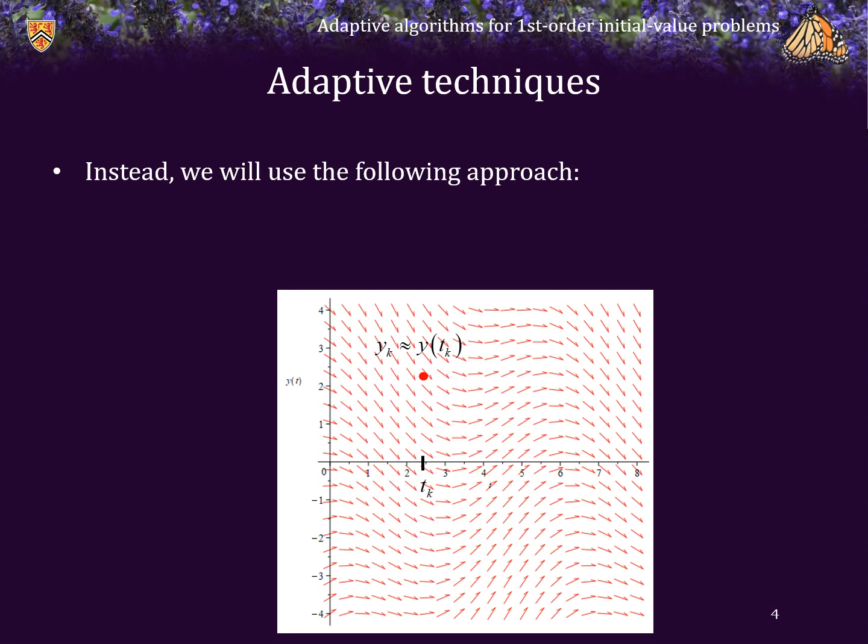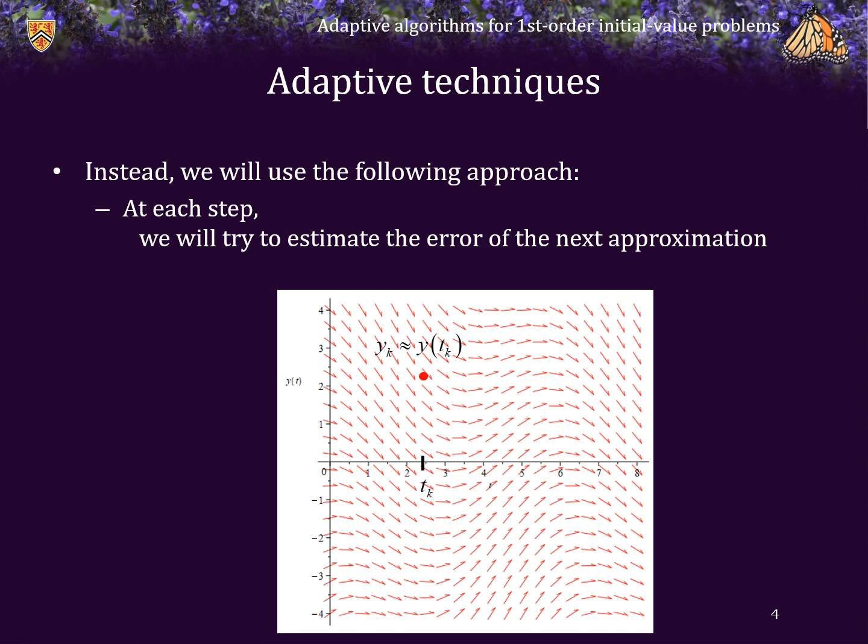Here you can see at time t_k, we have an approximation y_k, which is an approximation of the actual solution at time t_k. Now at each step, we're going to try to estimate the next value, but we're also going to try to estimate the error of the next approximation.